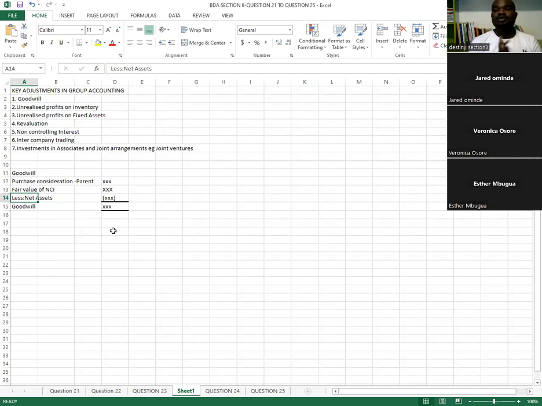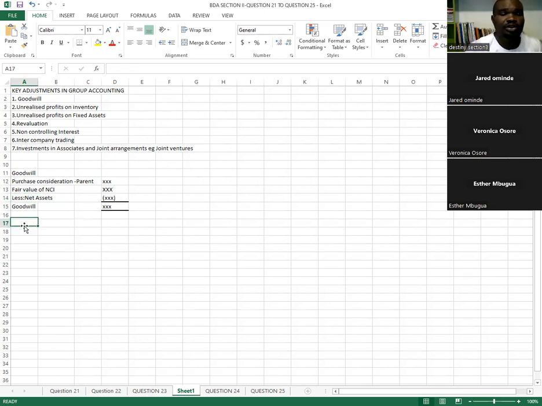If it is 80%, you take 80%. If it is 70, you take 70. But when you have the fair value of the minority, minority plus parent is now 100%, so you don't apportion the net assets, you take them in full. If the fair value of NCI is not provided, that is called the partial method, and you will have to apportion the net assets.